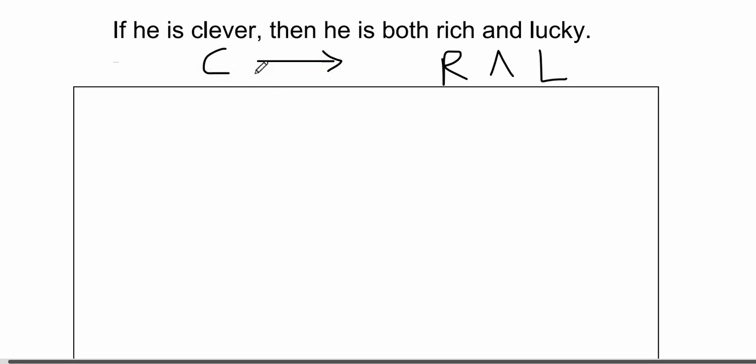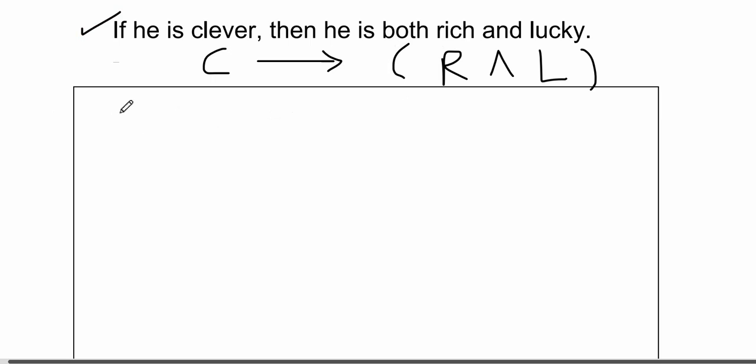If C is clever, this itself implies then he is both rich and lucky. He is both rich and lucky. It is not either rich or lucky. He is both rich and lucky. So this will be in the brackets. So this is the correct symbolic form of this statement: if he is clever, then he is both rich and lucky.